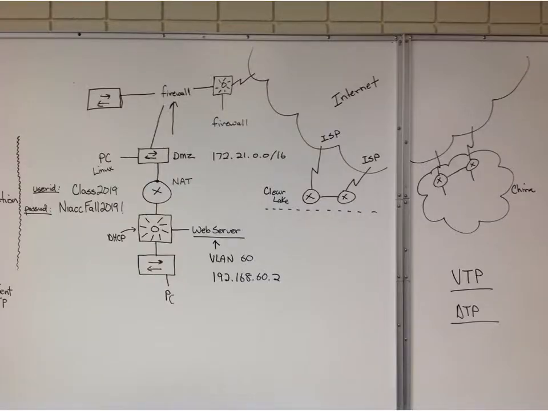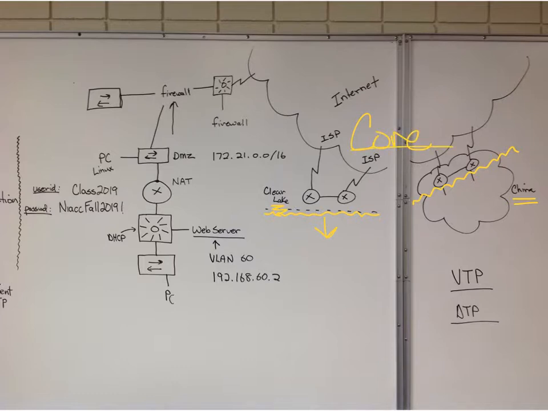First of all, we talked about the idea of a core. So you could have your internal network here, let's say at Clear Lake, and they could communicate through the internet to China. This communication here could be considered your core level of communications.